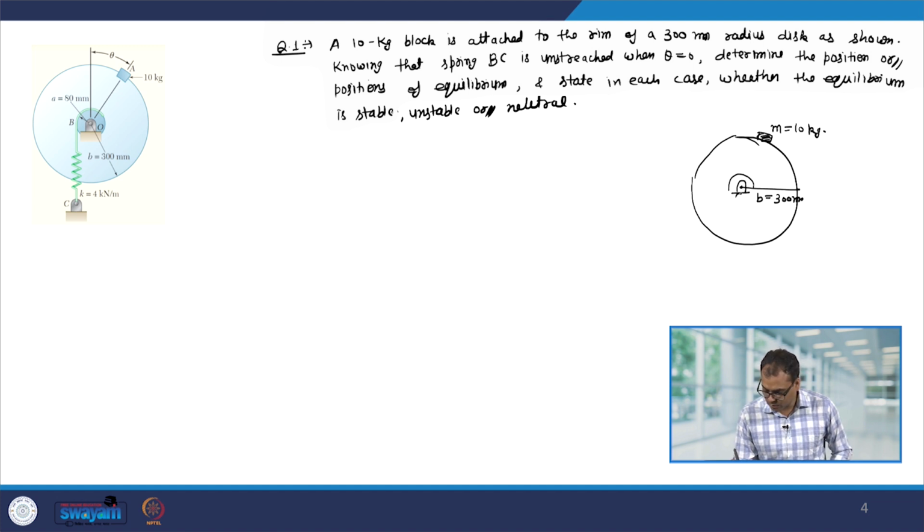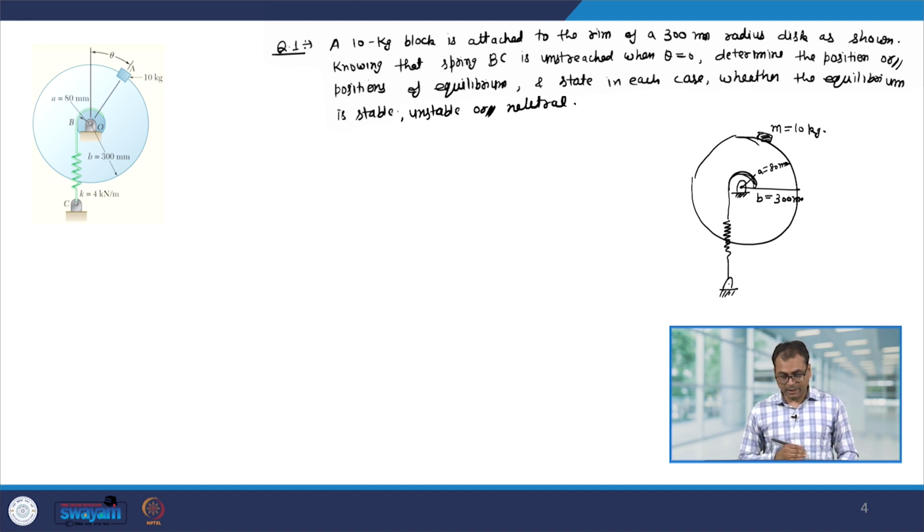So, there is a spring which prevent the rotation of this disc and the radius of this inner disc is a equal to 80 mm. Now, it is given that the spring is unstretched when the mass is in the vertical position. So, therefore, when theta equal to 0, then the spring is in equilibrium.